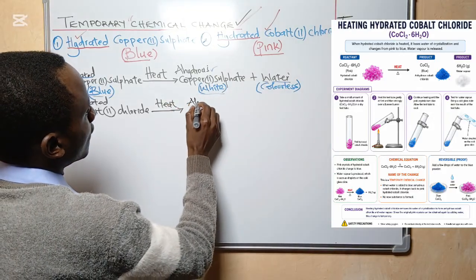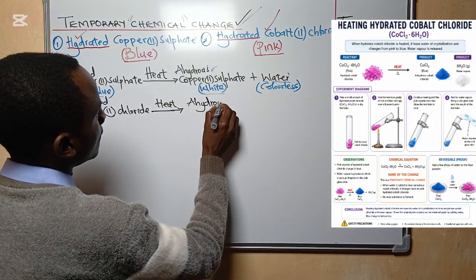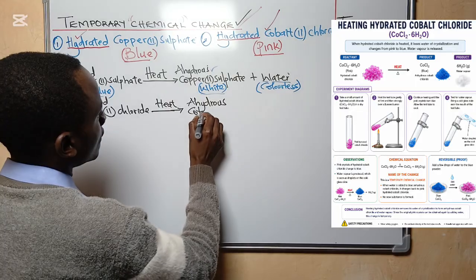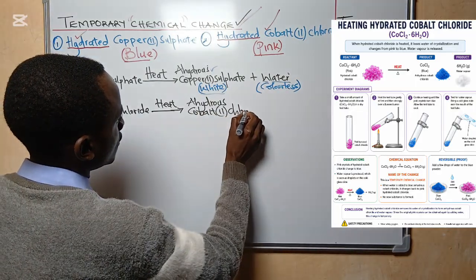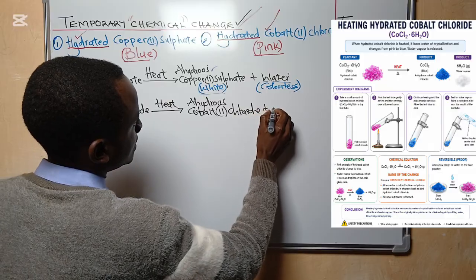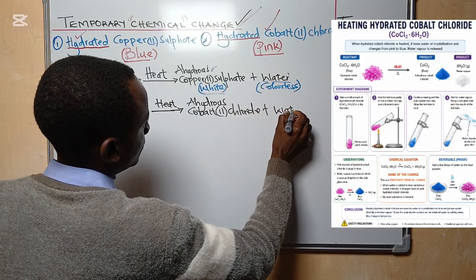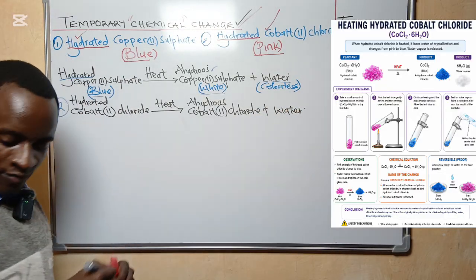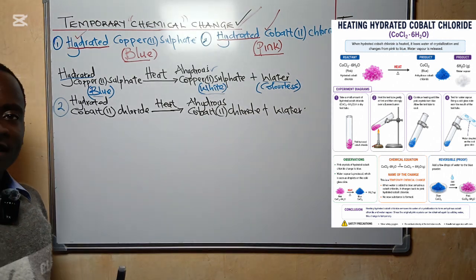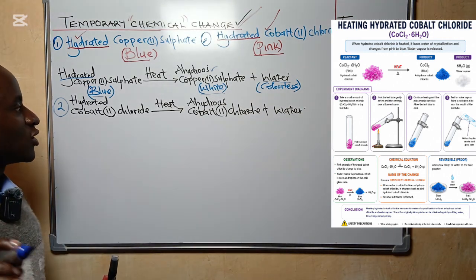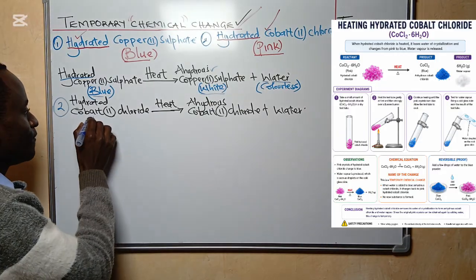Then we have anhydrous cobalt 2 chloride plus water. Now, we said that the original color of hydrated cobalt 2 chloride is pink.